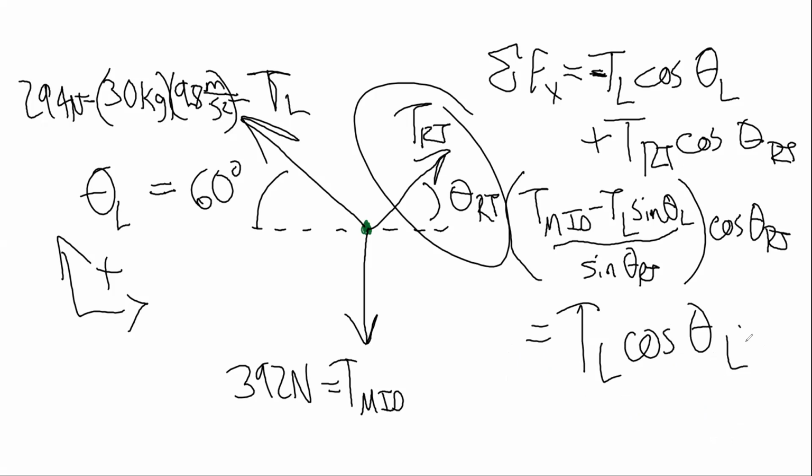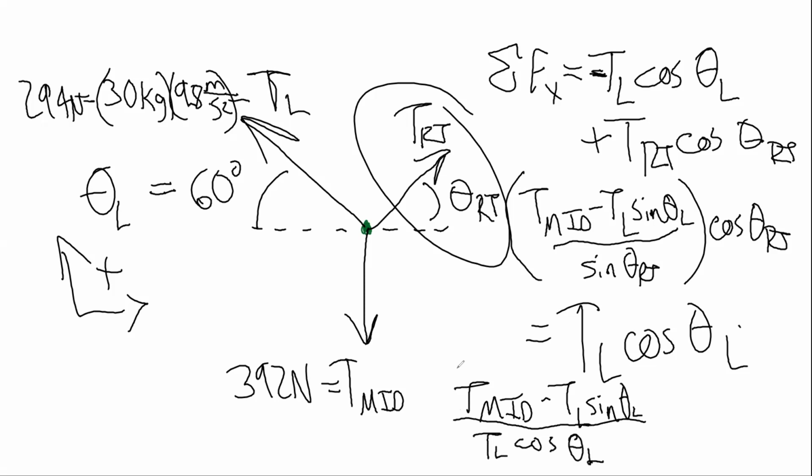Cosine over sines, just 1 over tangent, right? So it's like cotangent. Or I can multiply by the reciprocal and get something that looks like this, right?